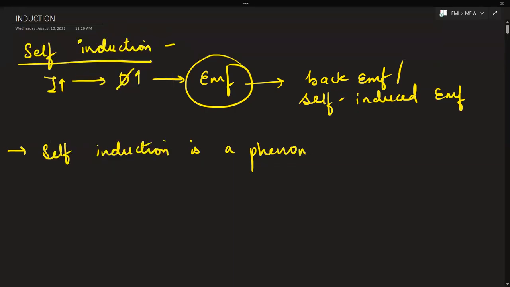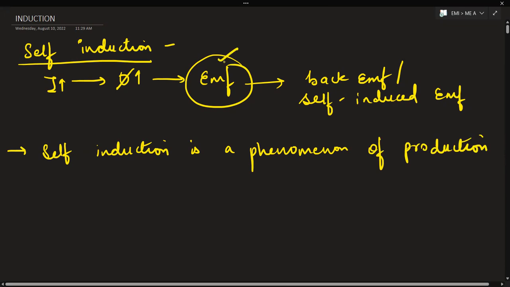Self-induction is a phenomena of production of what? What has been produced right now? Of production of this induced EMF only. So it's the production of induced EMF in a coil whenever changing current passes through.